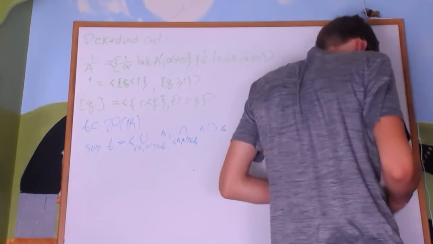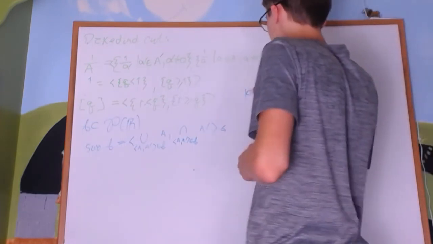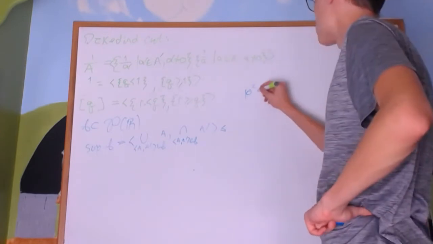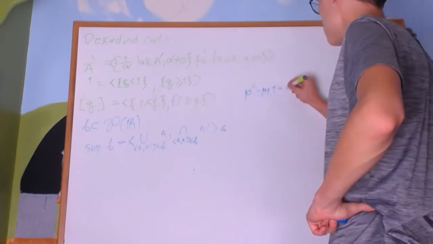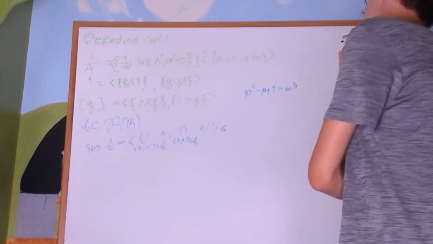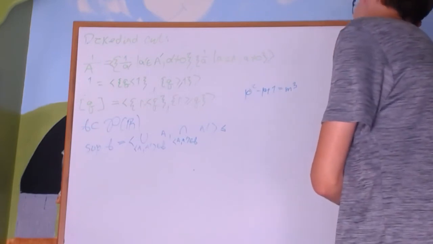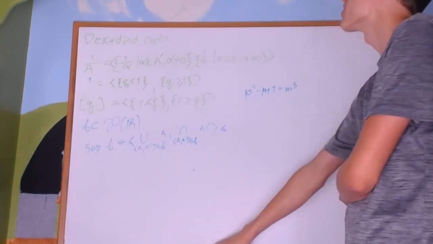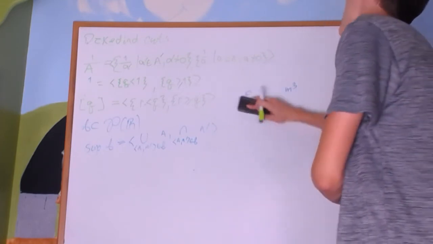Okay. P squared minus p plus 1, and it's a perfect cube. Oh, number theory. I can't deal with these number theory questions, I'm gonna be honest.